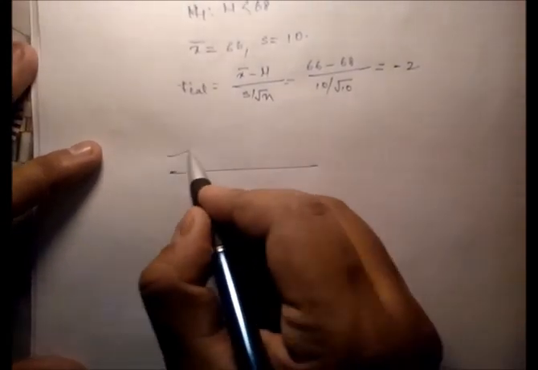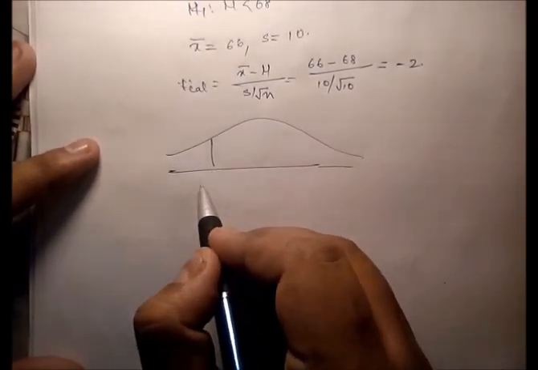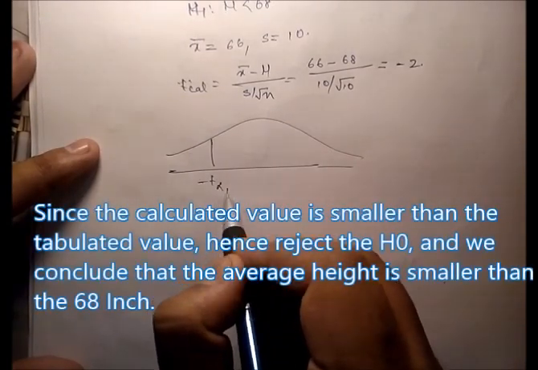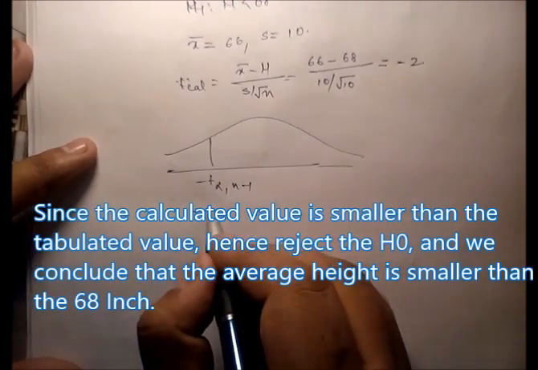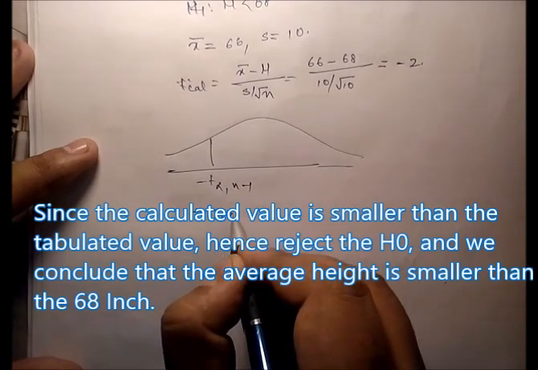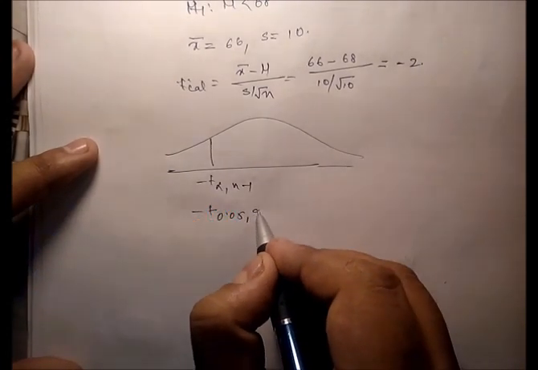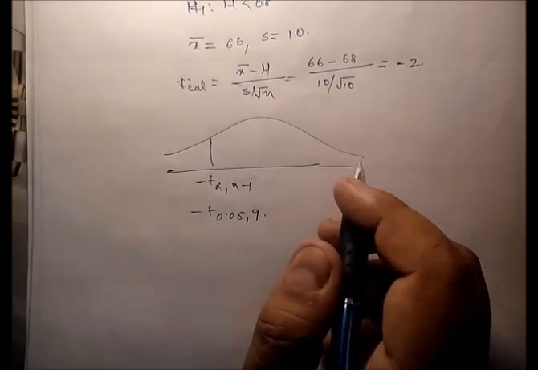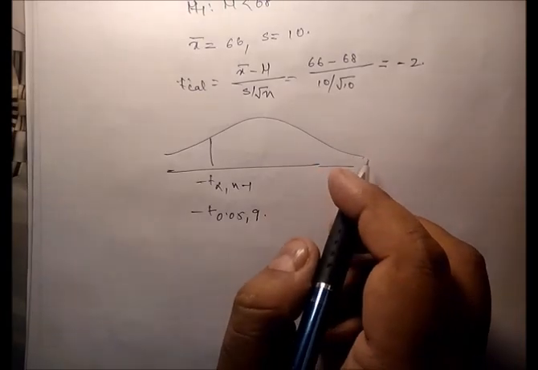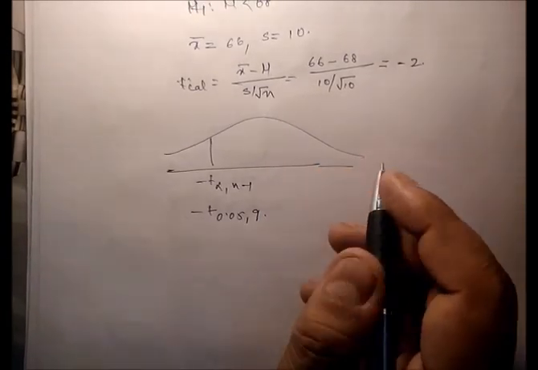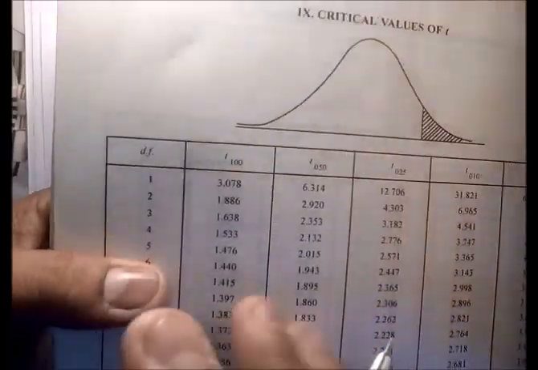For the left tail test, it is minus t alpha, n minus 1, where alpha is 0.05 and degree of freedom is 9.